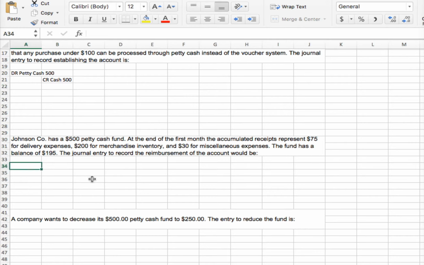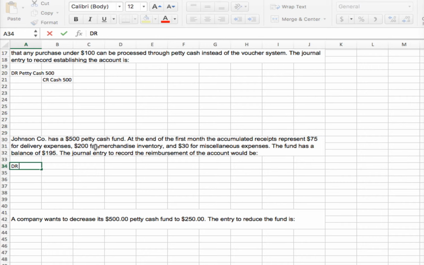Okay, so for reimbursing the petty cash account, this is where we're actually entering into journal entry form all of these expenses. So these will all be debits to some type of expense account, or a debit to, in this case, an asset account for merchandise inventory. Okay, so we have two expense accounts and one asset account that's going up. So I'll do the expense accounts first.